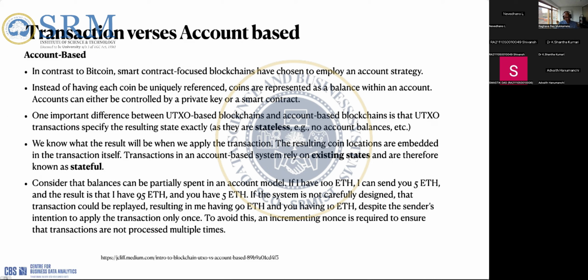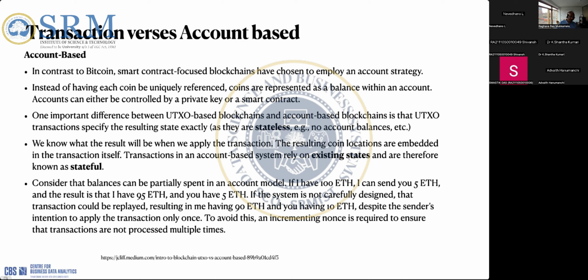But smart contracts need the account-based ledger, which is stateful, and they contain existing state as part of the execution of the smart contract. So they cannot be executed concurrently. So you have to follow certain rules.